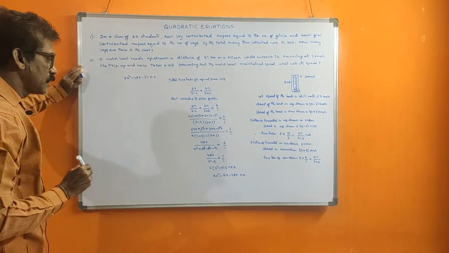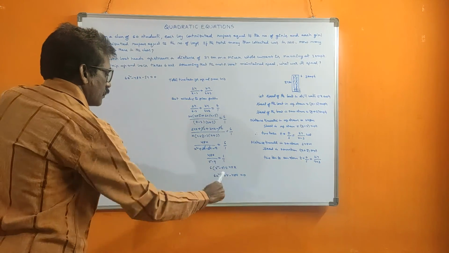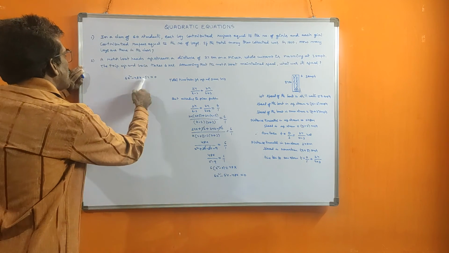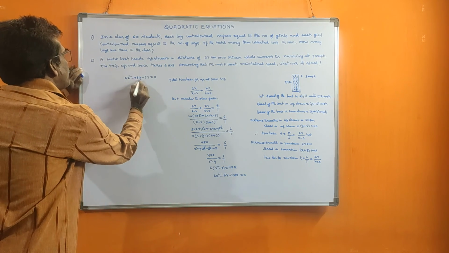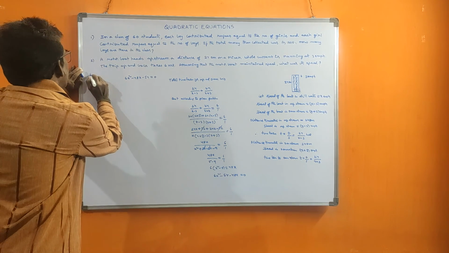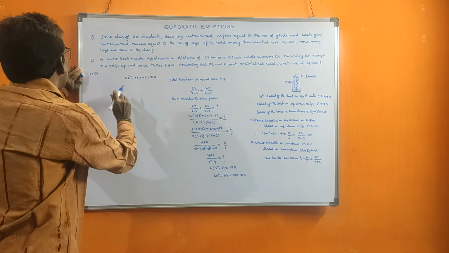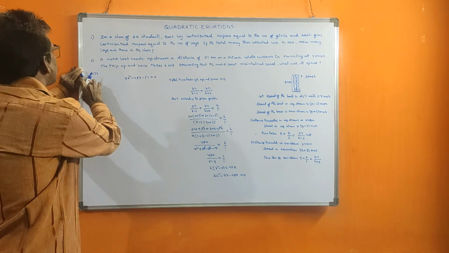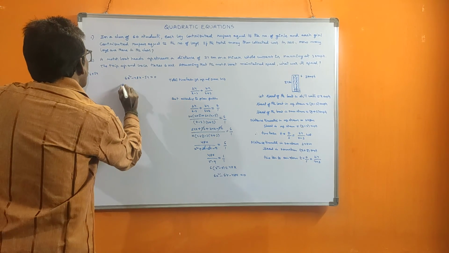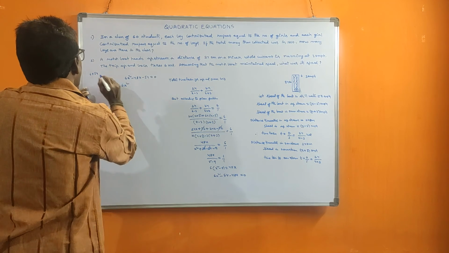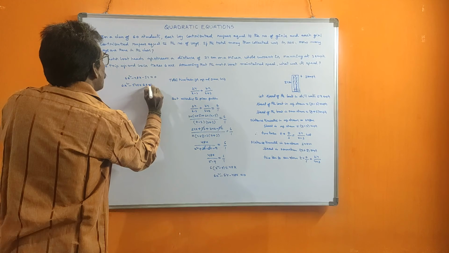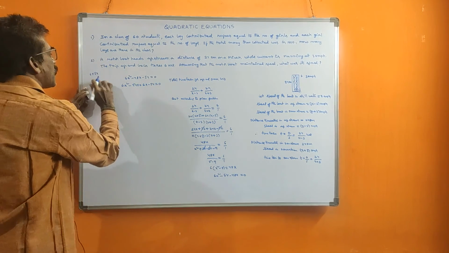Minus 54 is there, so by subtracting we should get 48: 54 minus 6 is 48. So 6x square minus 54x plus 6x minus 54 is equal to 0. These factors we can find directly.